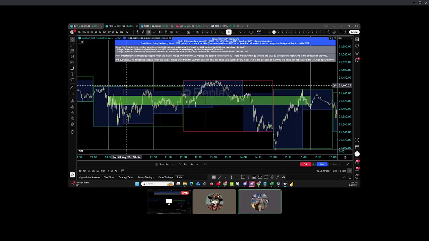These 4 environments represent the 4 types of markets that you can see. We know that there are markets that range, markets that mean revert, and markets that trend. The importance of knowing these 4 is knowing what type of trader you should be.